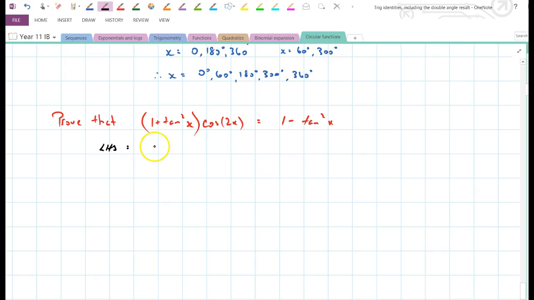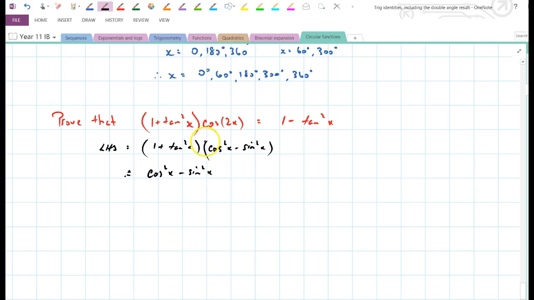I'm going to rewrite it as 1 plus, well, I'll keep tan at the moment. I might need to change that to sine squared on cos squared. Cos 2x is cos squared x minus sine squared x, among other things, but we'll see if that helps us. Remember, we're trying to expand this out to look like this. So that equals cos squared x, when we just do this expansion, minus sine squared x.